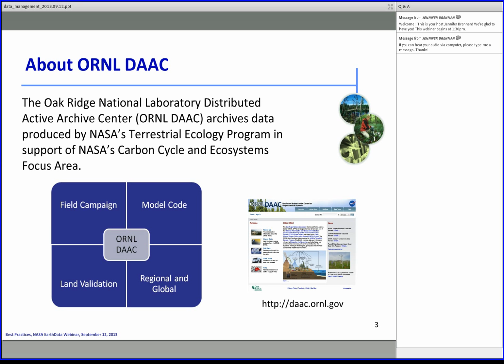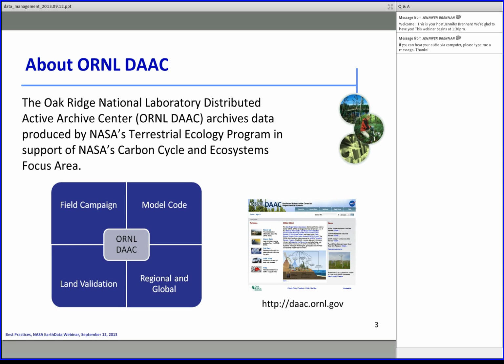So as the slide shows, we have 4 types of data products archived at the ORNL DAAC. I'll step through each one of those. The first one is field campaign data. So these are data sets provided from NASA's field campaigns. Every few years there is an intensive campaign funded by NASA.